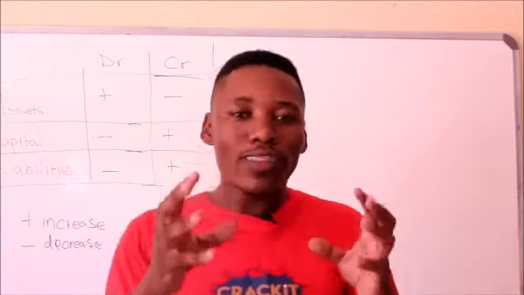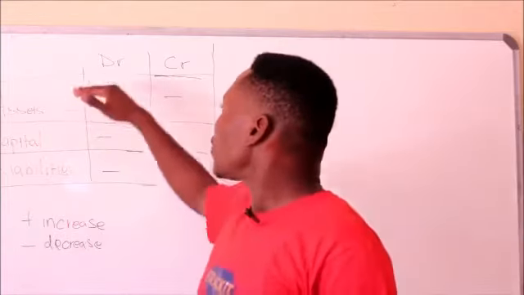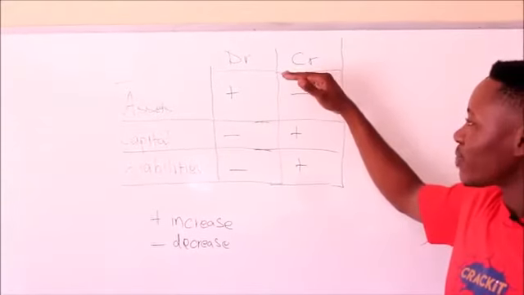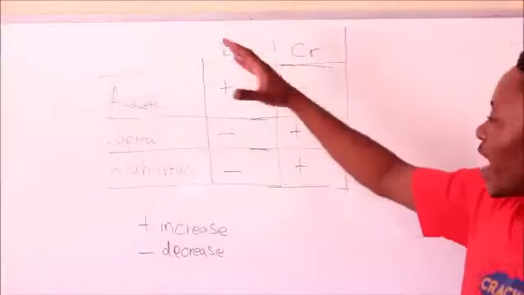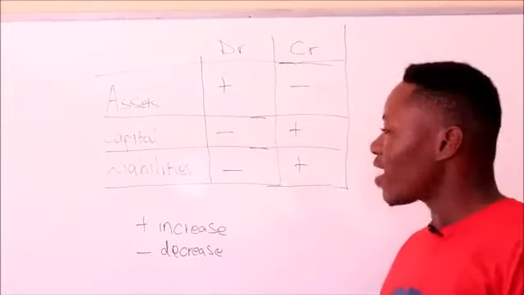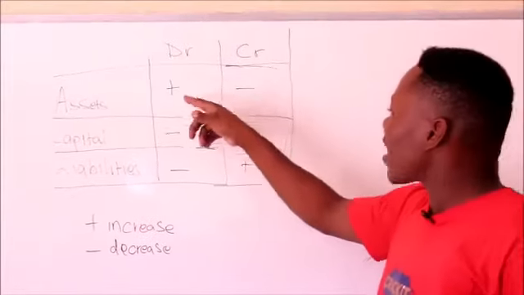How do all these three components behave? Well, we have what we call the debit side and the credit side in accounting. We have these three components: assets, capital, and liabilities. You can see these signs.